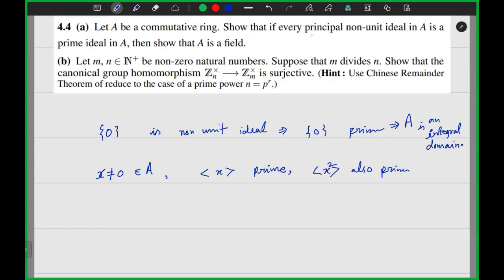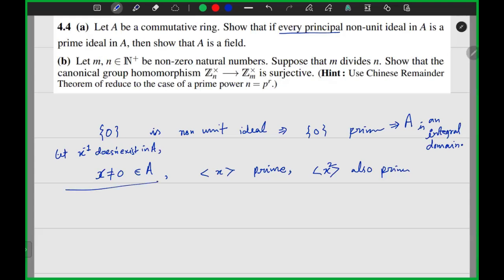Every principal non-unit ideal is in A, and we are taking x non-unit. If x is a unit, we don't have to prove. Let x inverse not exist. That is A. x is non-unit.